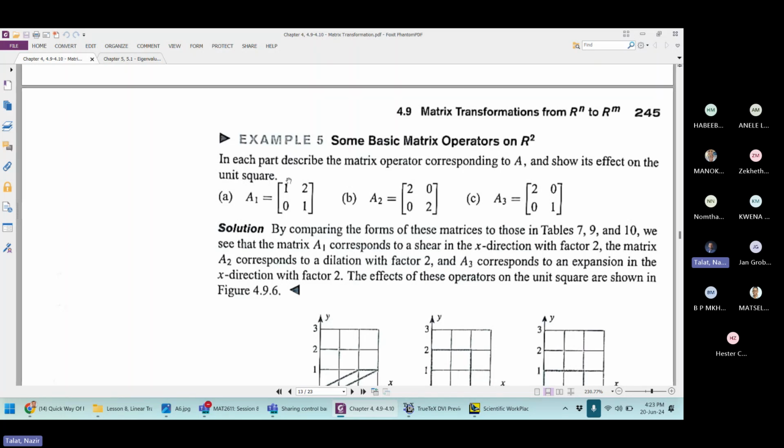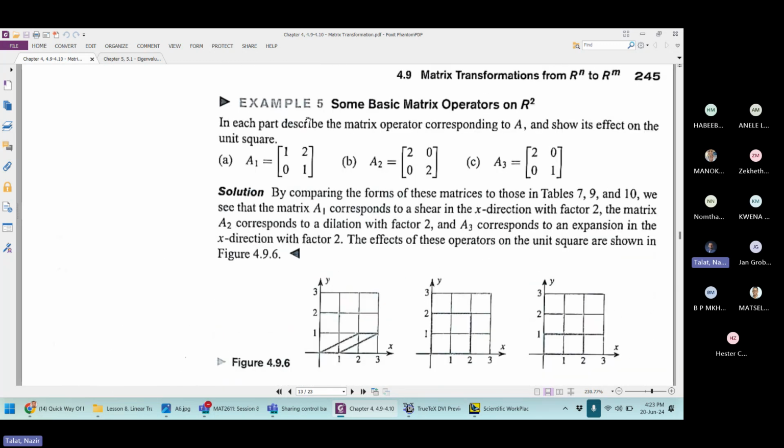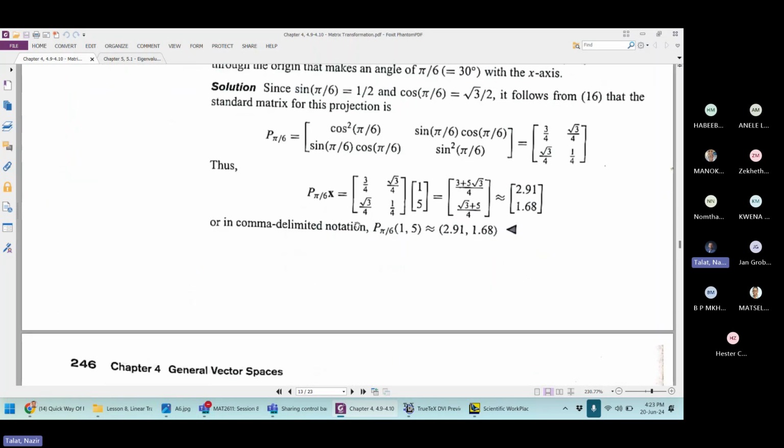For instance, if A1 is equal to this one, we can define the standard operator for that. Whenever you multiply (x, y) with A1, it gives you something like (x + 2y, y), because the second element is 0. So it's just like a matrix multiplication with some vector.